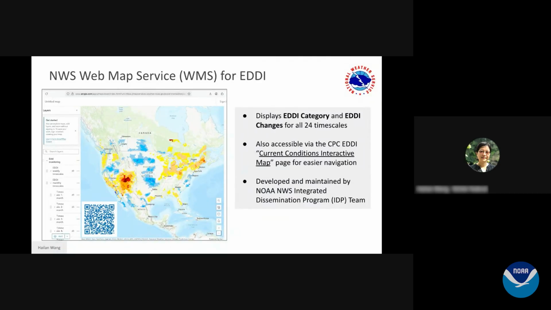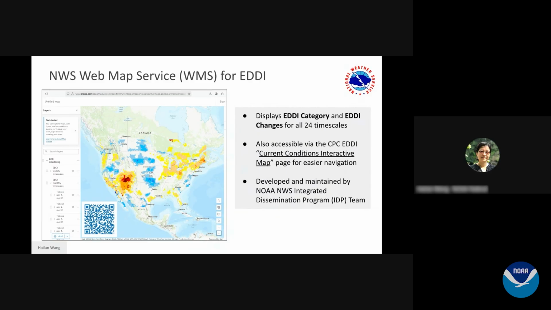So here we have a QR code. If you're able to scan the QR code, it's going to take you to this web map service site for EDDI. It displays the EDDI category and also EDDI category changes for all 24 timescales. But of course, once you get to the web page, if you want to see a particular map, you probably need multiple clicks to select the time scale, and also whether you want to see EDDI category or EDDI category changes.